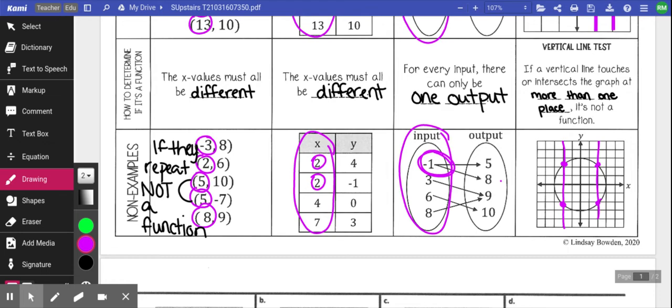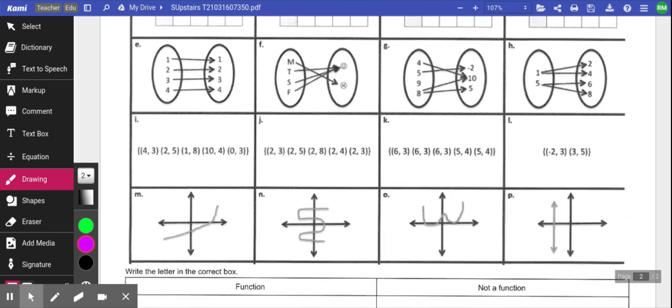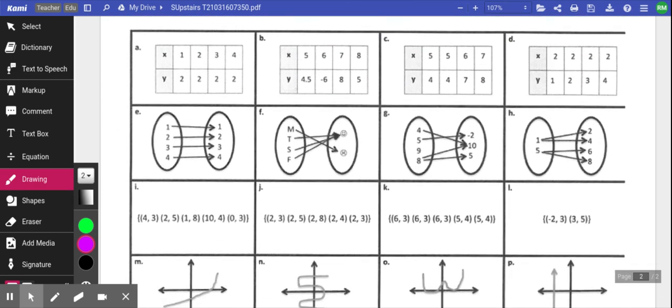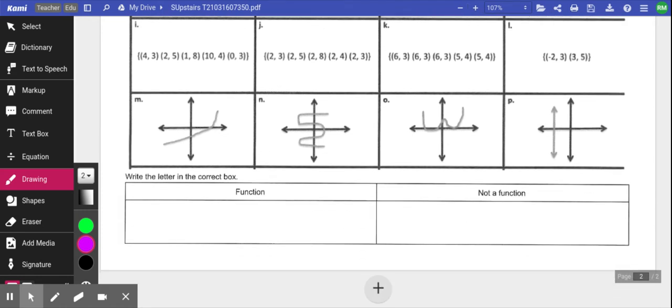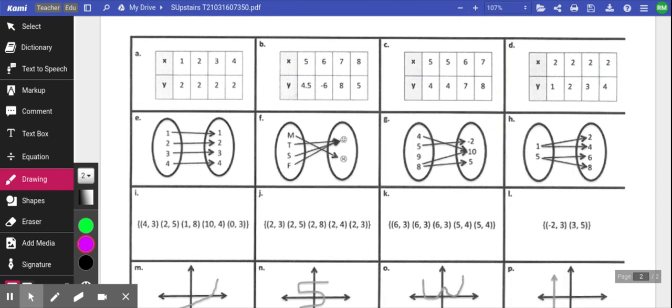Using this graphic organizer, we are going to complete the back side. So the back side, the first thing, there are multiple cards, A through P. This is letter L, by the way. And down below, it says that you're going to write the letter in each box. So this is either a function or not a function. So let's look at the first one, A. First of all, what do we have to look for?